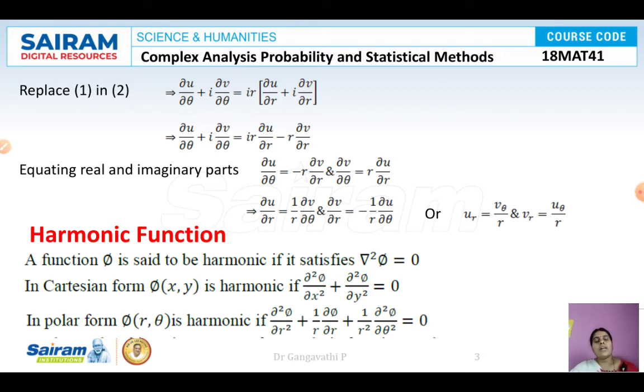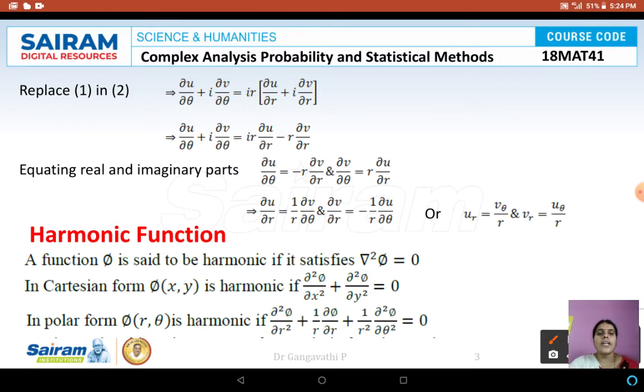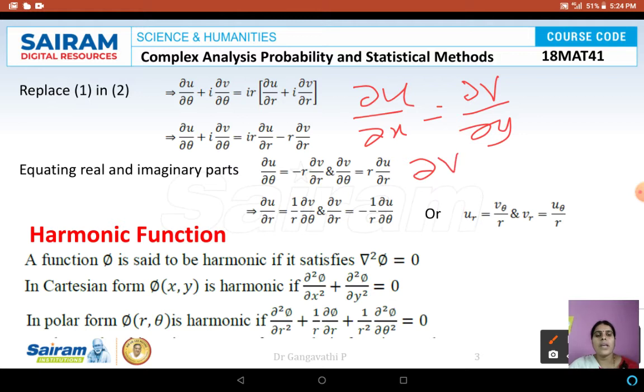Now try to recall your Cartesian forms. The Cartesian form was ∂u/∂x is equal to ∂v/∂y, and ∂u/∂y is equal to minus ∂v/∂x. This was the result that we had.